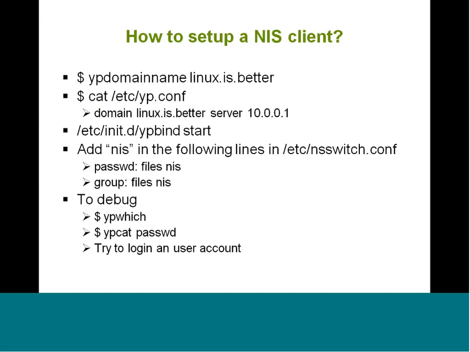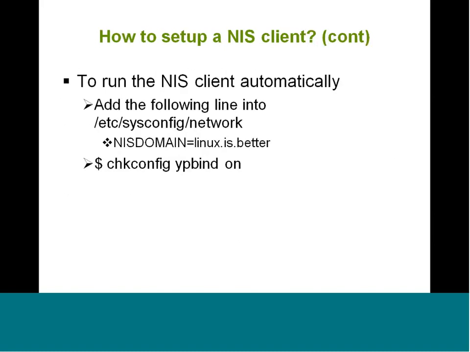Then the NIS maps, each of these lines, the password and the group essentially, and then use the various commands to debug, which is ypwhich, ypcat passwd, and then try to log into a user account. And then this is something that we saw, how to run it automatically.